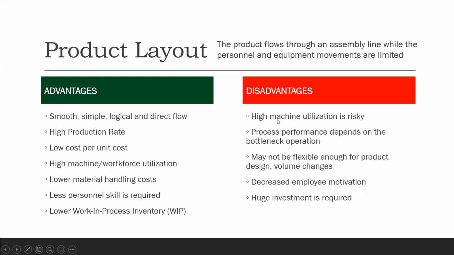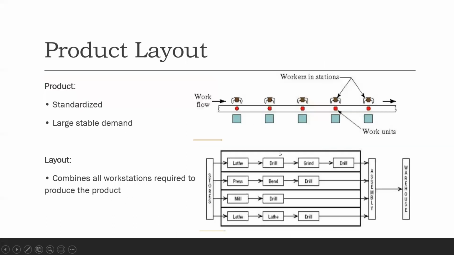However, high machine utilization is normally risky. So what if, guys, nasira yung drilling machine dito or yung grinding process mo? So ano mangyayari dito sa product line na to? Titigil. Malinaw? So that is why risky pag over-utilized yung ating mga machines.